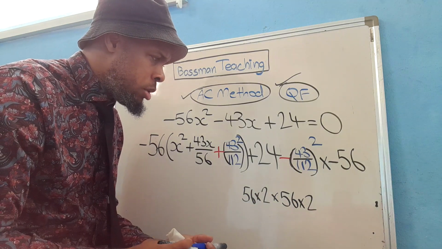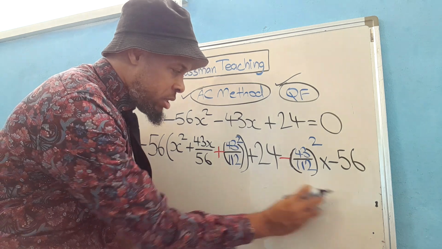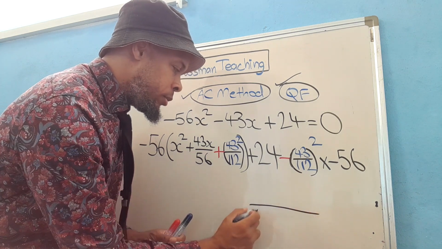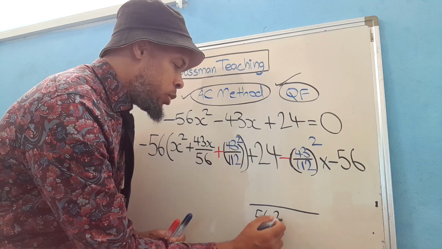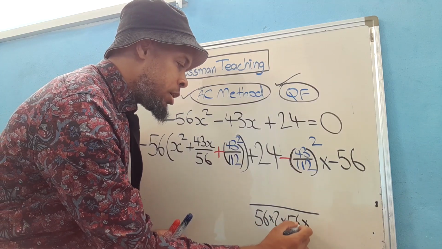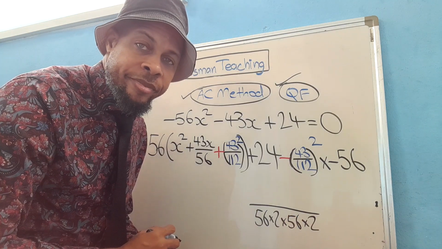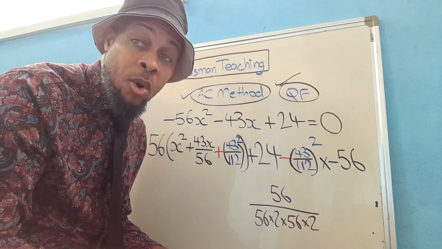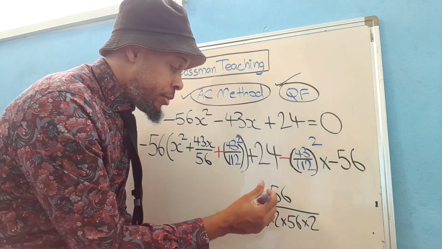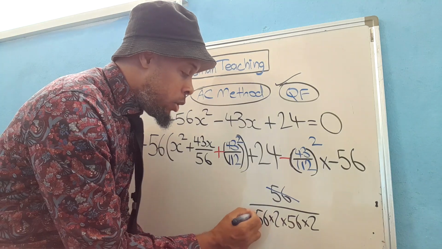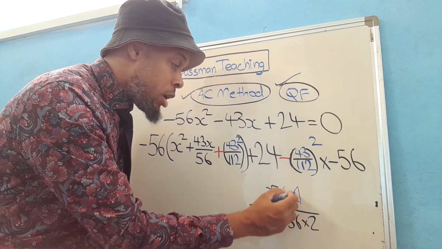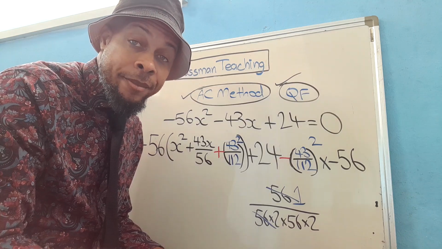Now, if you have that as your denominator, 56 times 2 times 56 times 2. But then you put 56 above it. What will happen? One of them goes, another one goes with it. 56 over 56, you have a 1 up there.